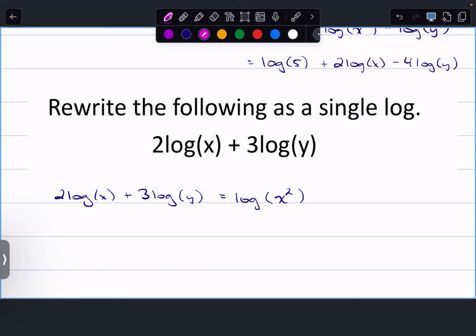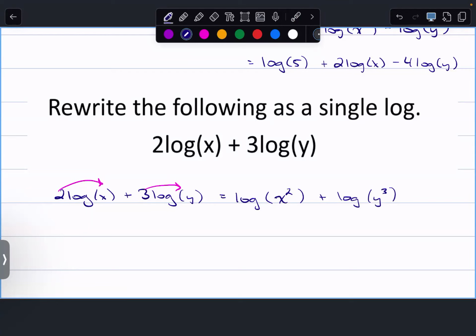What am I going to do? I'm going to bring these into the exponent, right? Because I can't use the addition property until I just have the log base 10 on its own. So that's why I need to bring these powers up top here, and I have plus log base 10 of y to the 3.